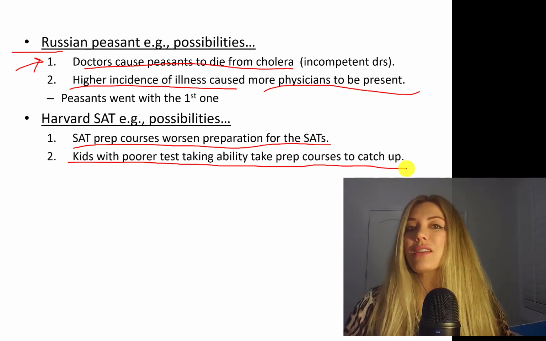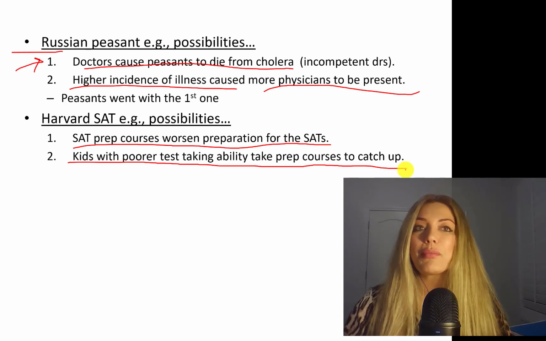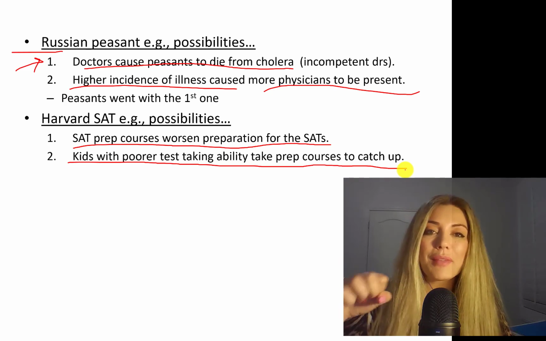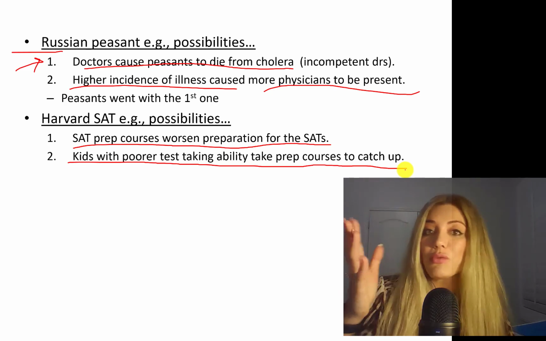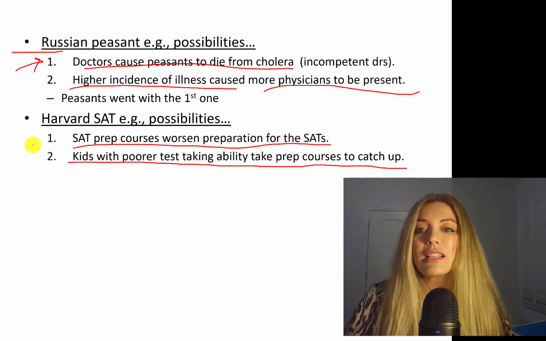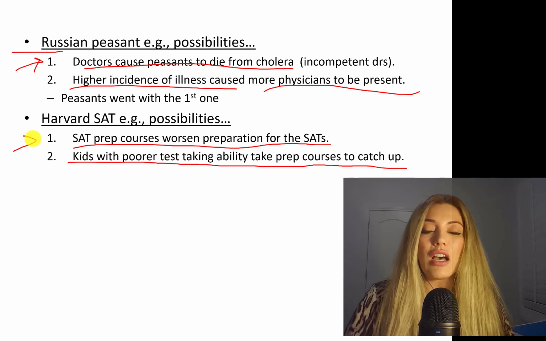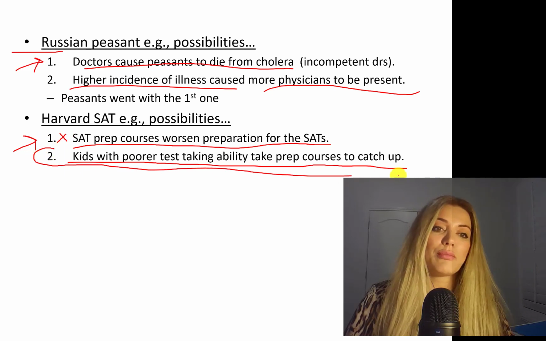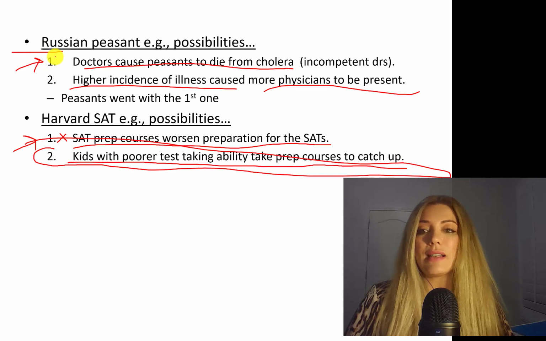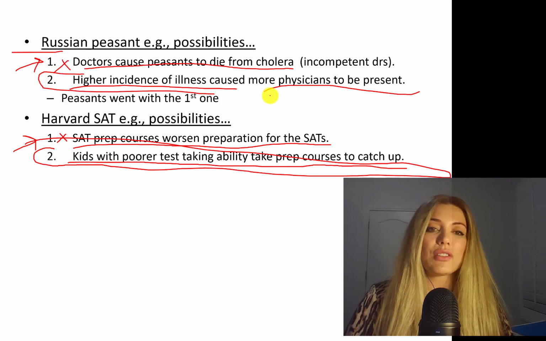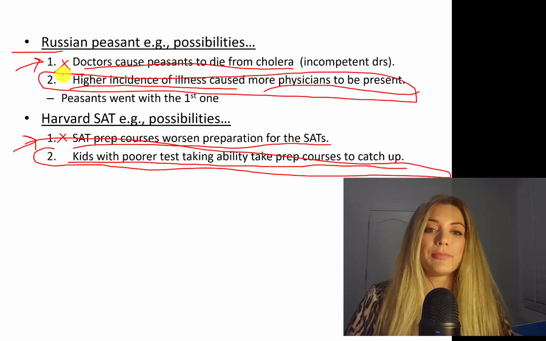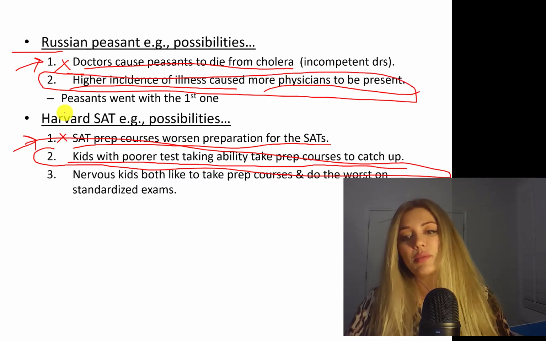Therefore, SAT courses are not making them worse off, but maybe SAT courses are even helping them. They could have been doing even worse. We don't know. The Harvard dean went with the worse explanation, which is not the more reasonable one. And the Russian peasants went with the first explanation, even though the second explanation is more plausible.